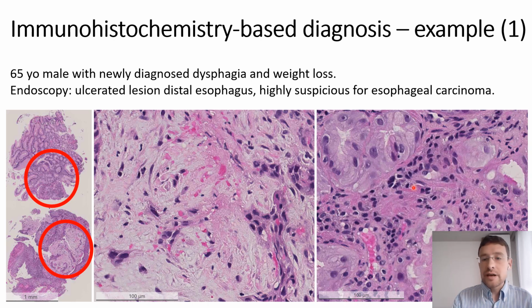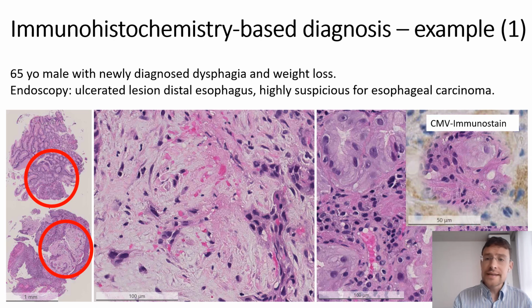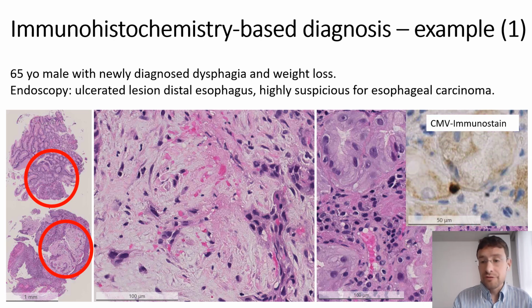Here you can see cells with inclusions and big nuclei, which are suggestive of Cowdry bodies. So we may also have, parallel to the carcinoma, a CMV infection. And indeed, we confirmed that with a stain for cytomegalovirus, showing the presence of the virus.